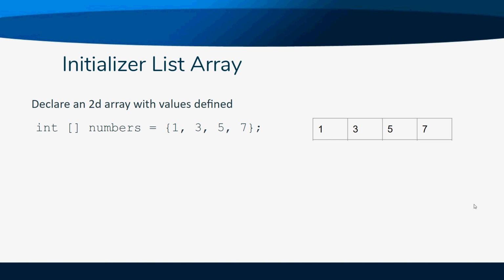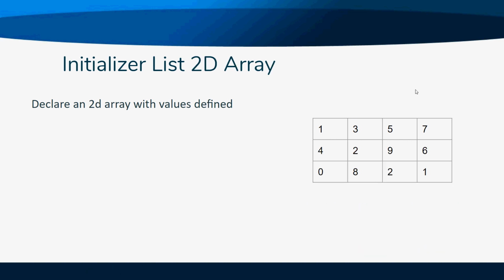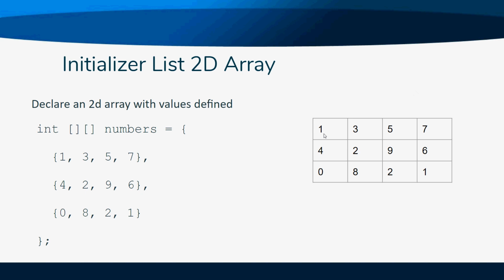Okay, now that we're in the 2D array chapter, we're going to do the same thing. But instead of defining just a single list, we're going to define a list of lists, basically, or 3 sets of numbers, however many sets of numbers you want.